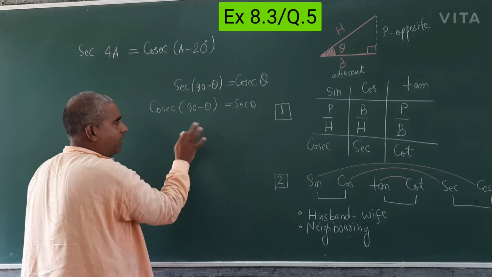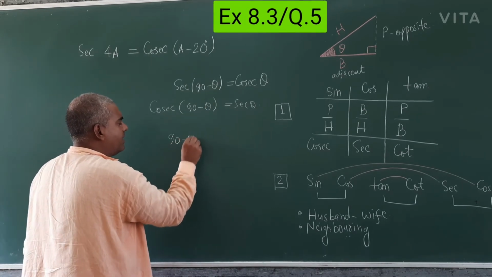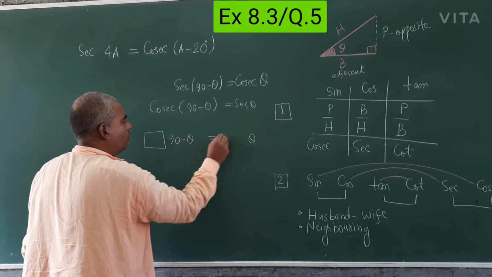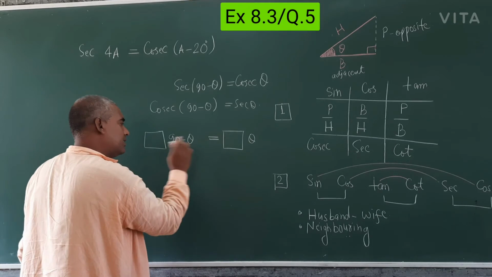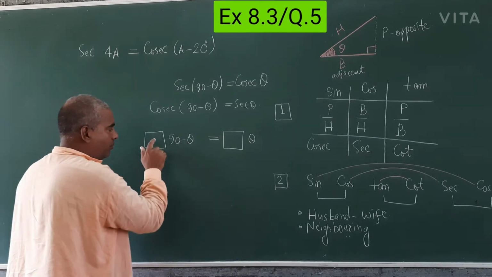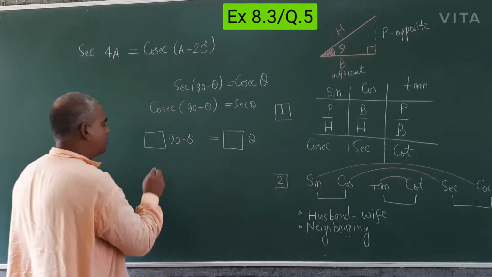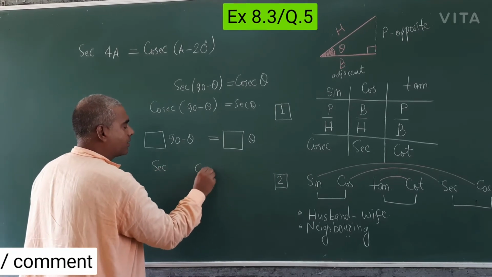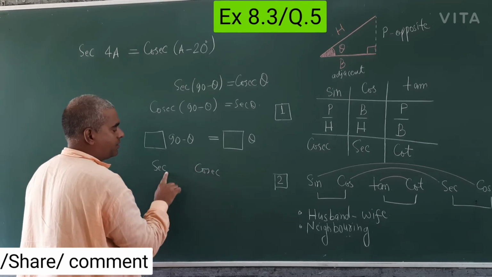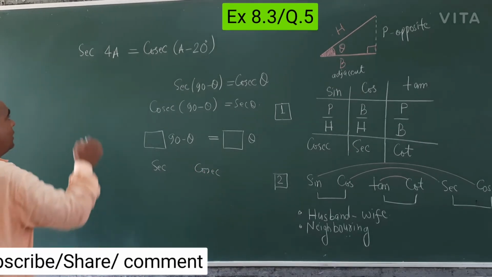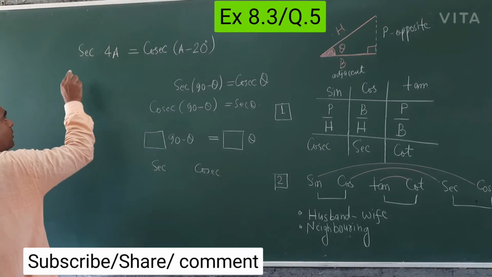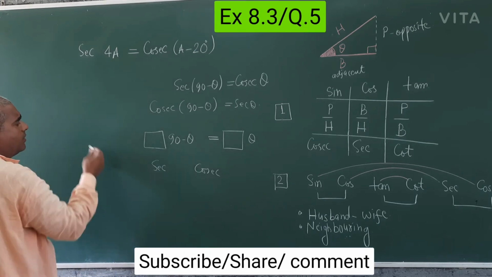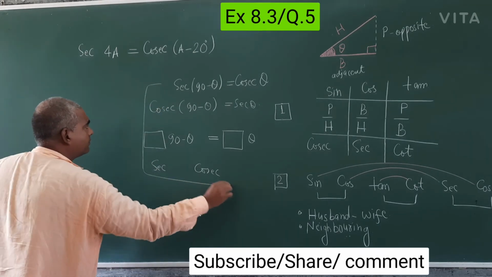I write both at the same time like this, 90 minus theta and theta, and I make two brackets here, and I ask you to put the neighbors. The neighbors here are sec and cosec. So I can change sec in terms of cosec. What do we have to write? 90 minus this.